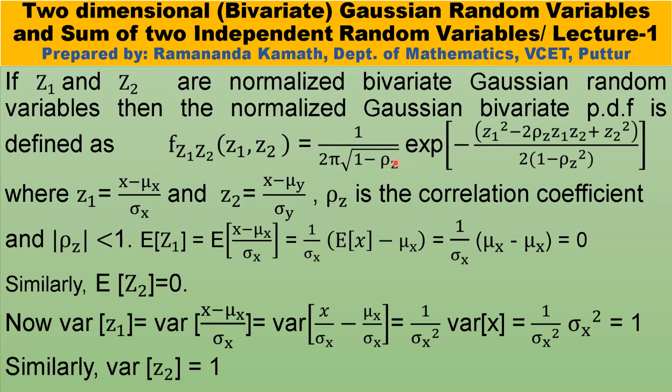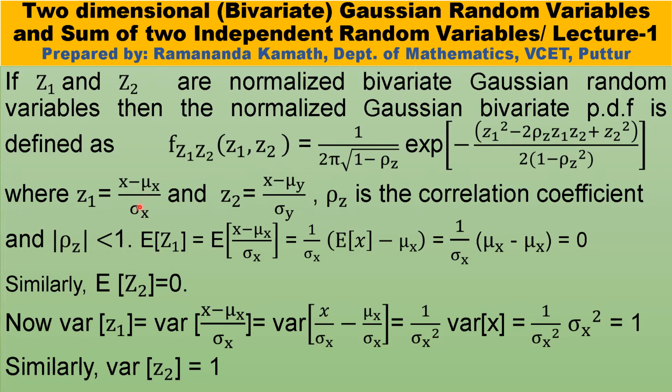Z1 and Z2 are normalized Gaussian random variables, so Z1 will be equal to (x minus mu_x) divided by sigma_x, where mu_x and sigma_x are the mean and standard deviation of x.